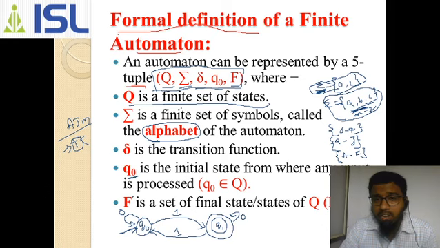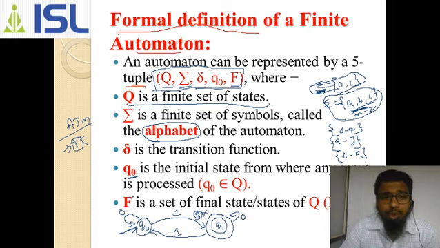Means if you are taking sigma equal to 0 comma 1, you cannot take 2 here. Why? Because this does not belong to Q. Are you getting my point?